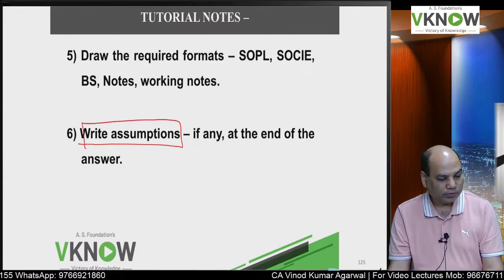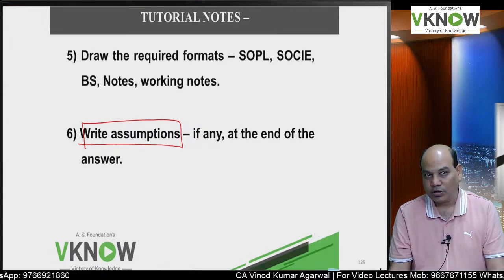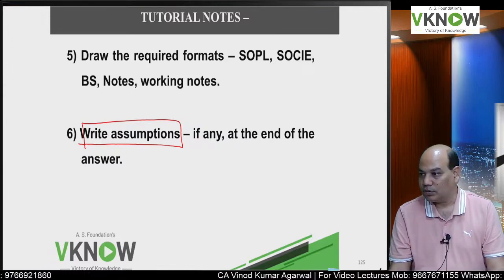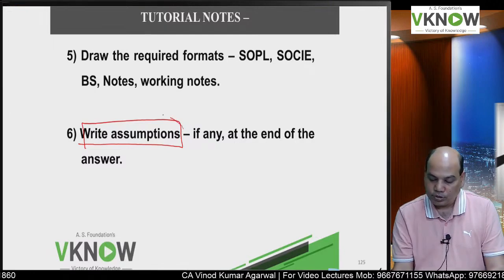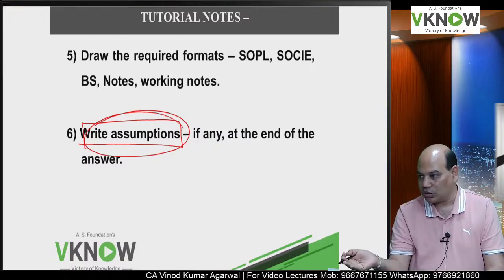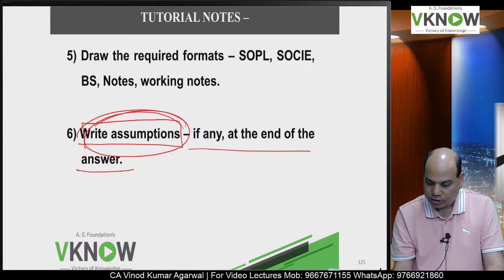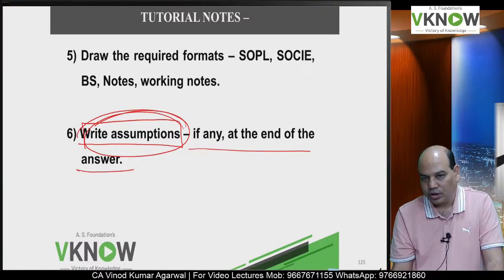Institute is full of, what should I say, questions which have multiple answers. So wherever you have doubt that it can be this assumption or this assumption, you write the assumption at the end of the answer. Is it right?